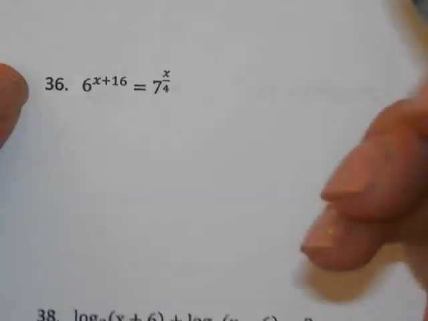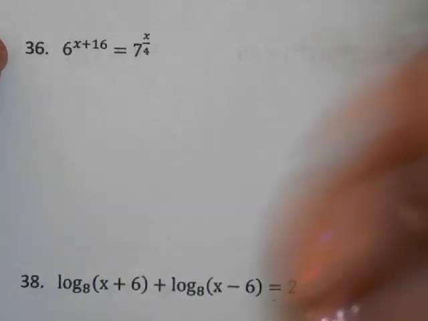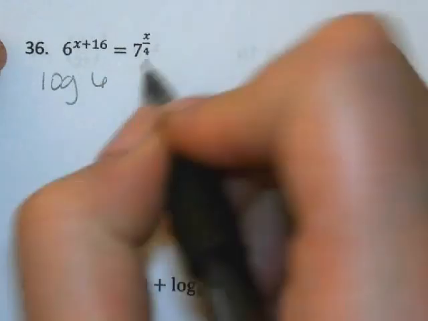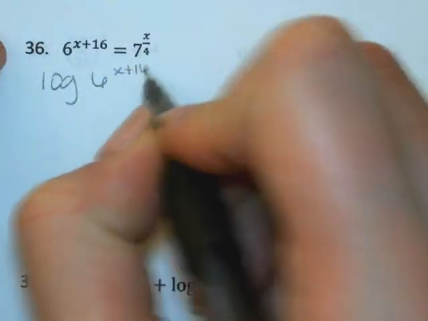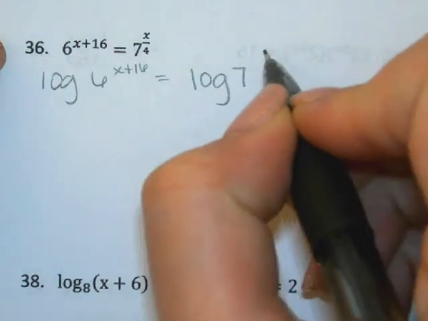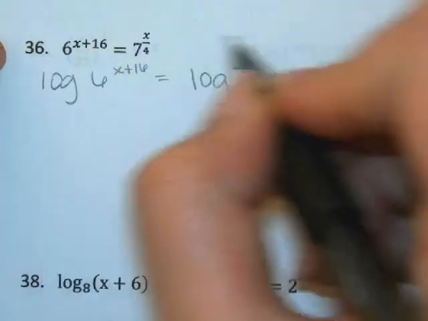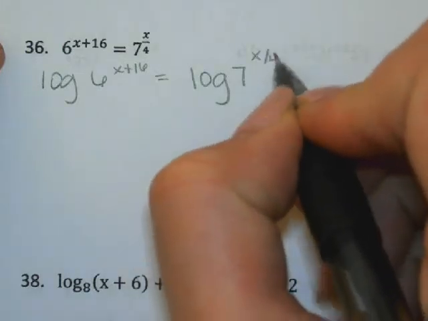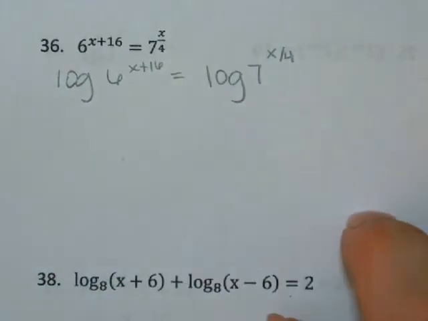We're going to go ahead and log each side. We said we want to use log. So I'm going to do log 6 of x plus 16 equals log 7, not of x plus 16, to the x plus 16. And this is log 7 to the x divided by 4.